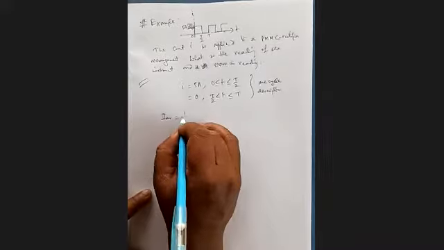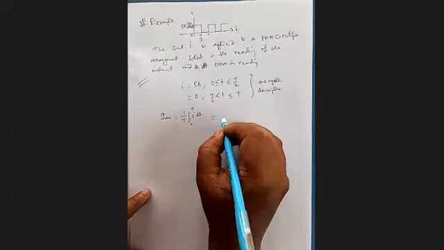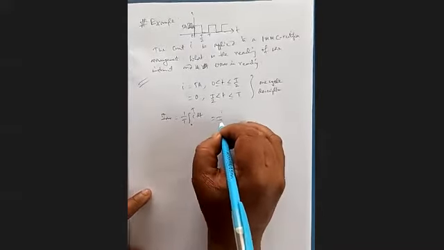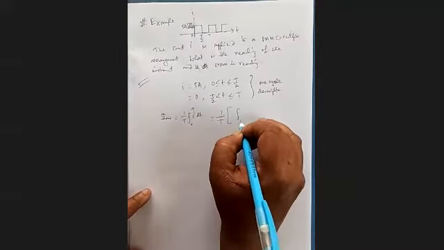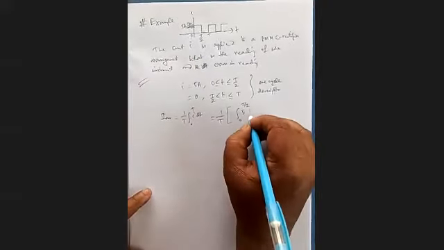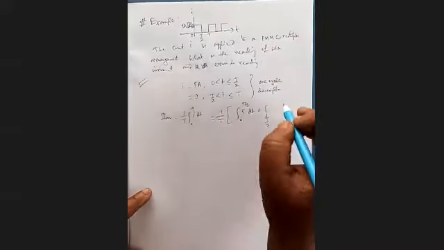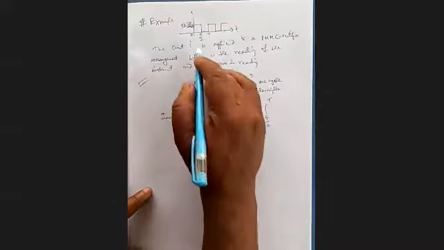I average is 1 by T integration 0 to T of I dt, which is equal to 1 by T times the integral from 0 to T by 2, where its value is 5, plus T by 2 to T, where its value is 0.